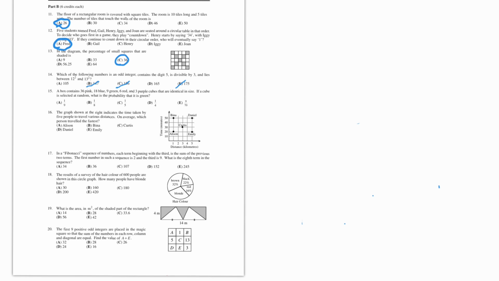And it lies between 12 squared and 13 squared. 12 squared is 144, 13 squared is 169. So A is not between these two integers. So the answer is D.